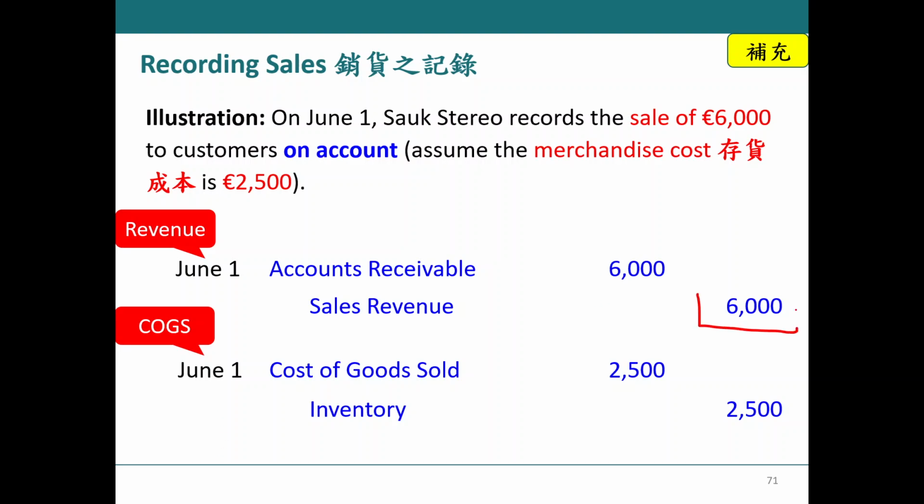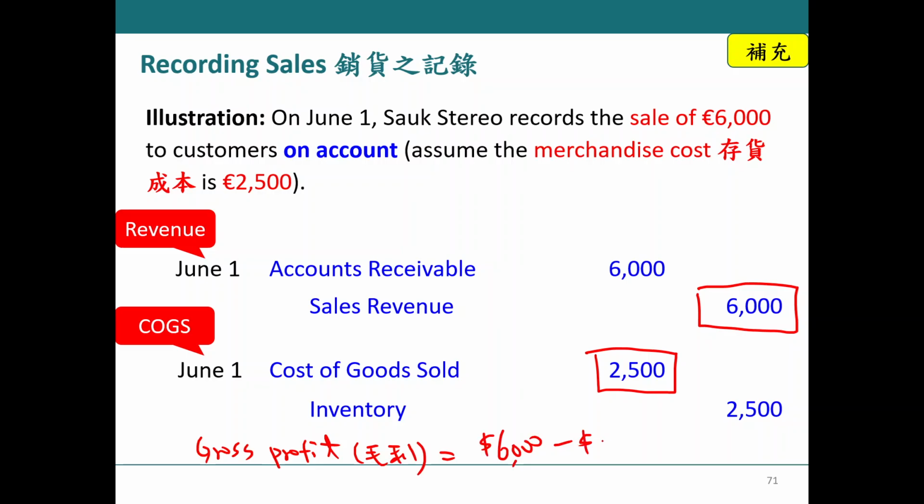Based on the revenues and expenses 2,500, I know the gross profit. 毛利 is $6,000 minus 2,500. So I know the profit 3,500. So what does it mean? You don't need to do anything. You just buy the inventory, sell it directly. They can bring you the profit, $3,500. Okay? So that's the profit you can get from inventory.